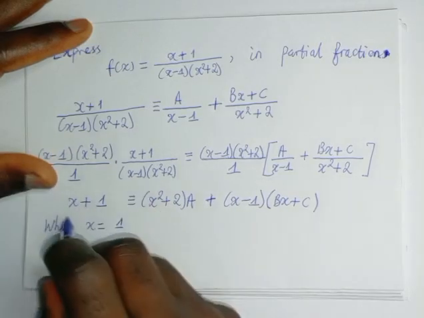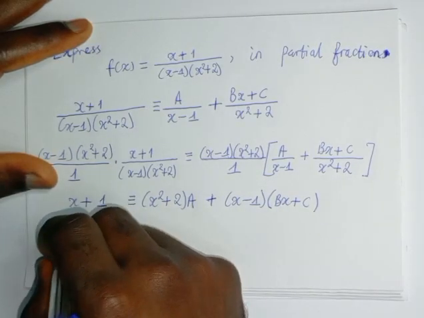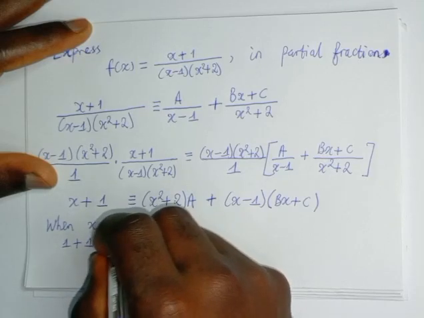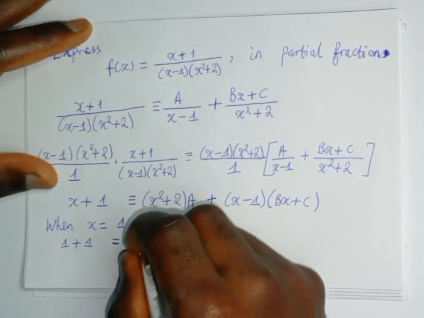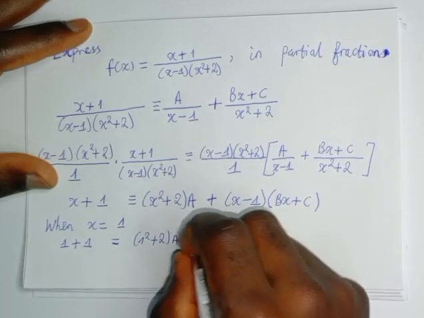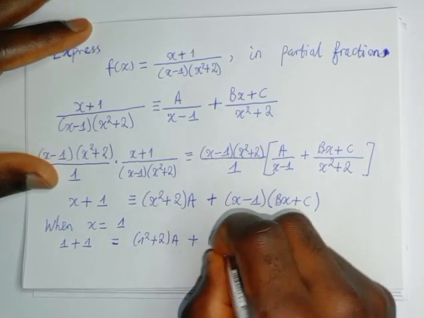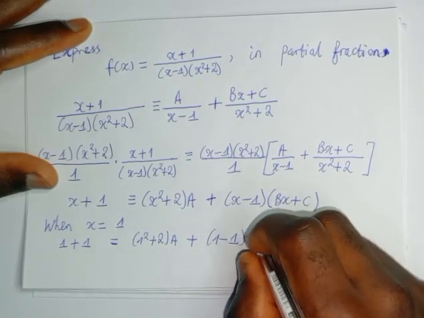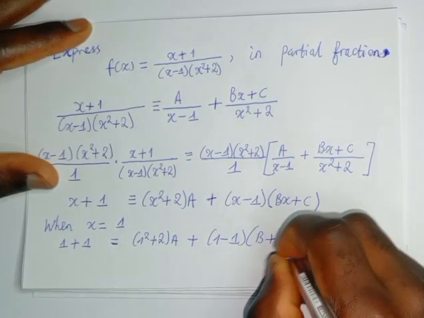So when x is equal to 1, at the left hand side, you're going to do 1 plus 1 to be equal to (1 squared plus 2) times a plus (1 minus 1) times (b times 1 remains b plus c).